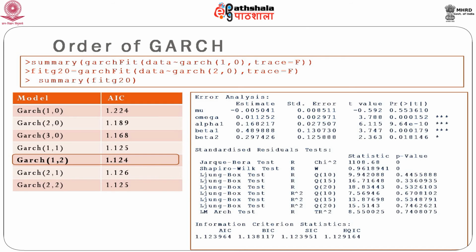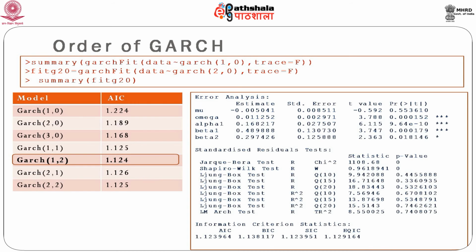Here I used GARCH(1,0), and you can get the AICs for the choices 1,0, 2,0, 3,0, 1,1, 1,2, 2,1, 2,2. Out of all the AICs observed, the least AIC was 1.124, so that means GARCH(1,2) should be the appropriate choice for the model.